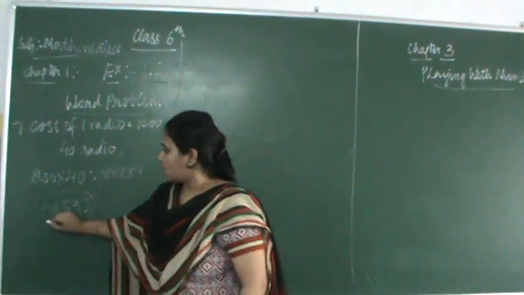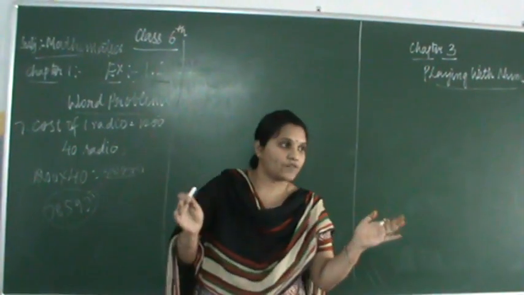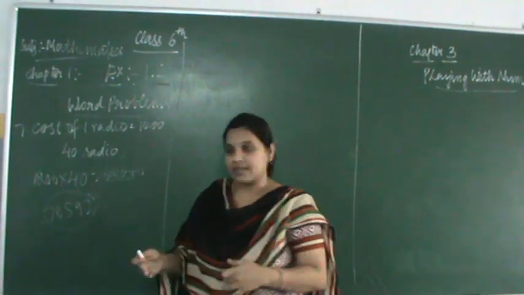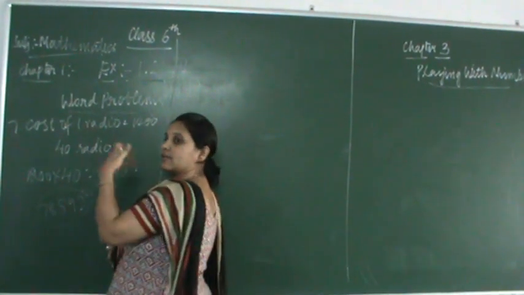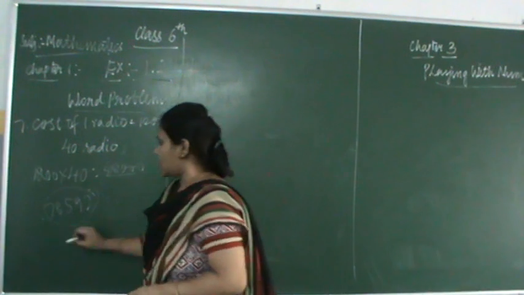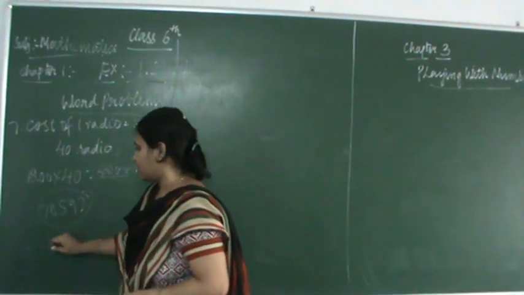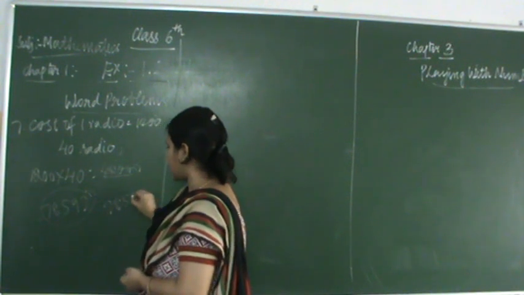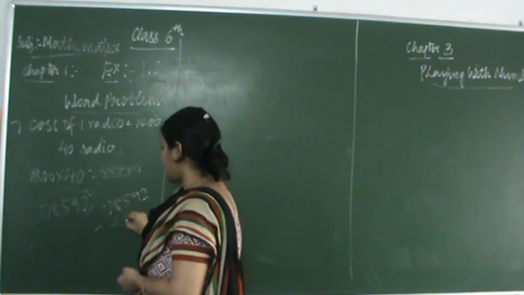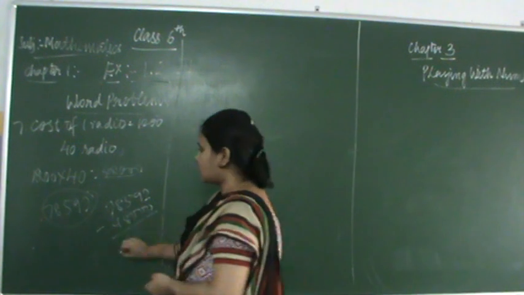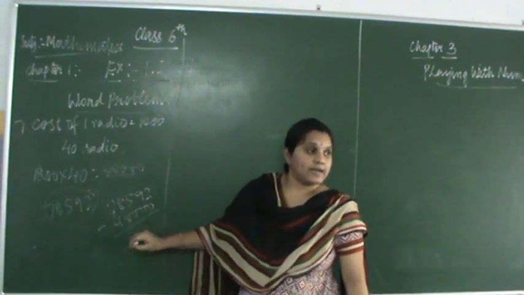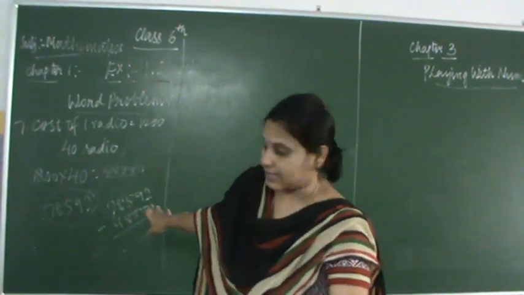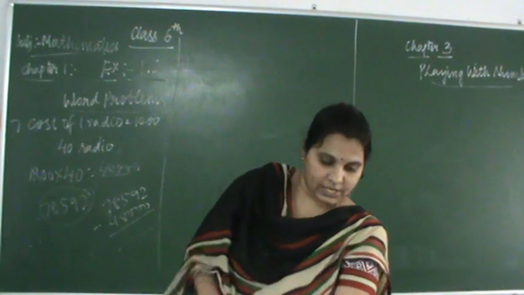You have to subtract the amount she has spent on buying 40 radio sets from the amount with her. 78,592 minus 48,000. So what is the answer you get? That is the money left with the merchant now.